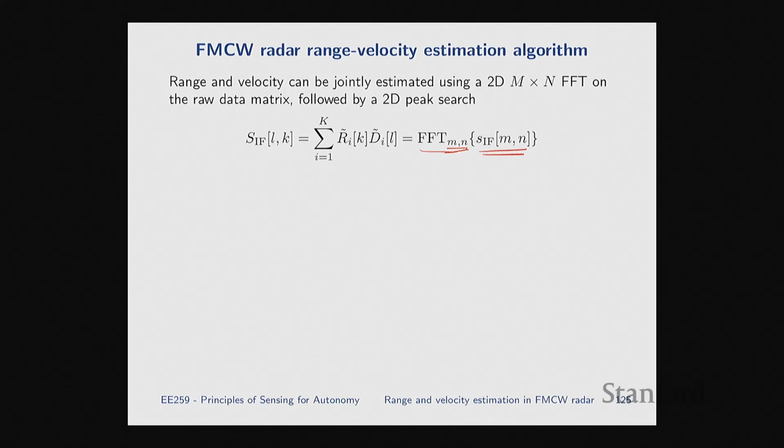That directly gives you your Range-Doppler processed data matrix. And again, remember, R tilde i's have peaks according to target range, and D tilde i's show peaks according to the target velocities. So when you multiply the two, you get peaks at the correct range and velocity of the target.